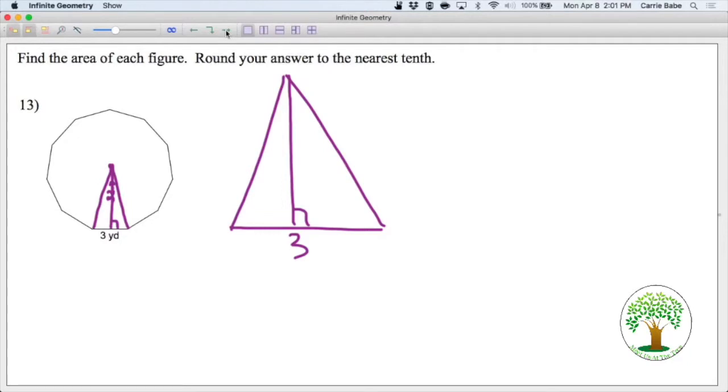How much is this little angle right there? How much was the whole? 32.7, so it's half. Where did we get 32.7? Good question. I divided 360 by 11.